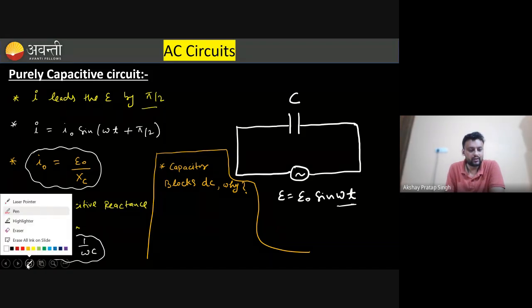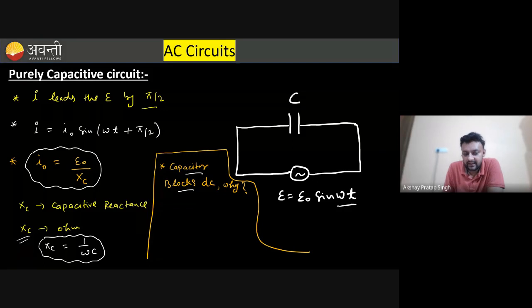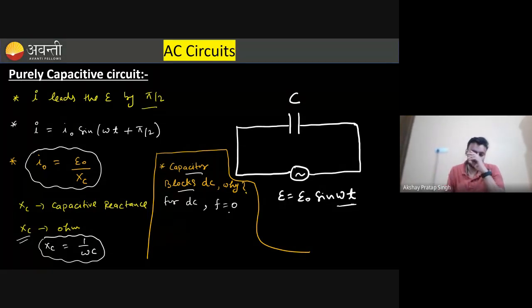Okay. Now listen to me. Capacitor blocks DC. Can you see that XC is the resistance and it is reciprocal to omega? Now if I talk about DC, what is the frequency? Frequency is zero. DC is continuous supply. It doesn't change with time or change periodically. So frequency is zero.